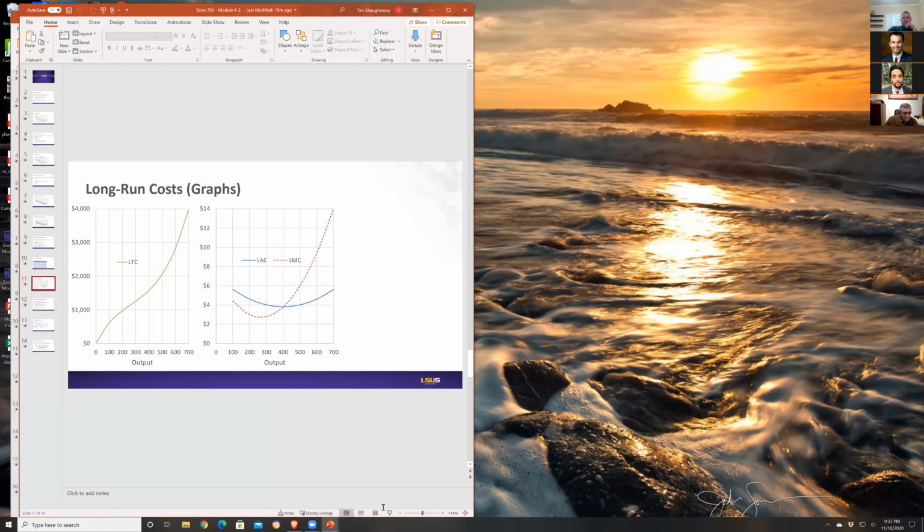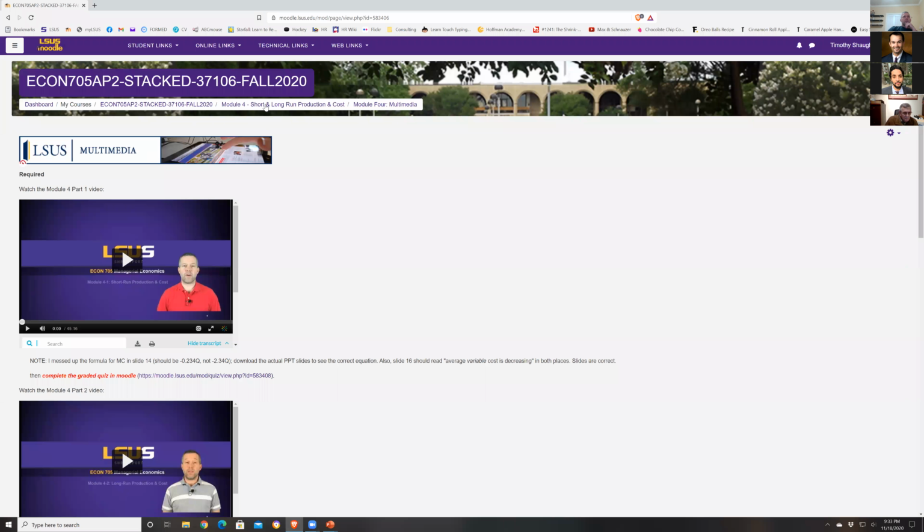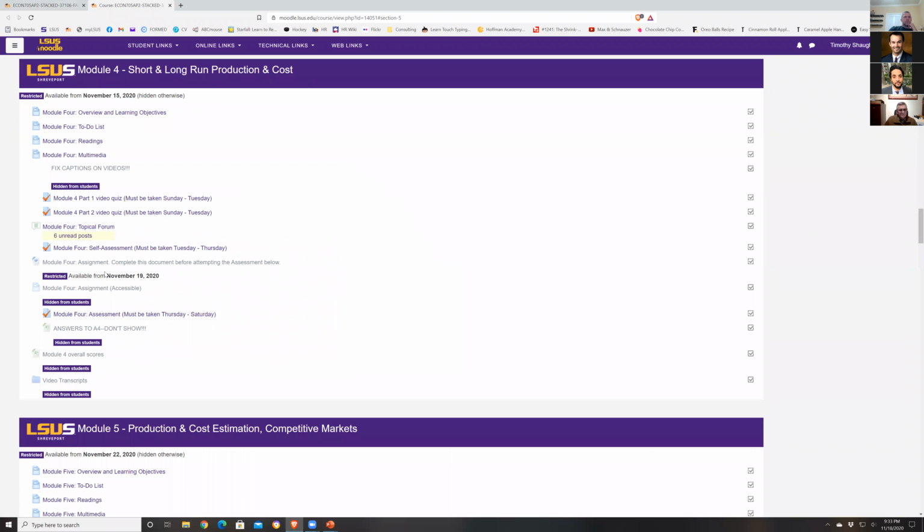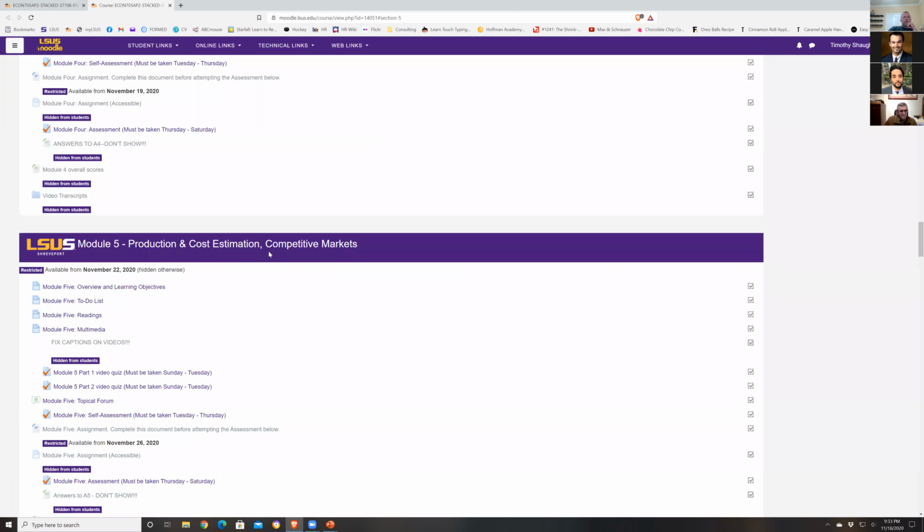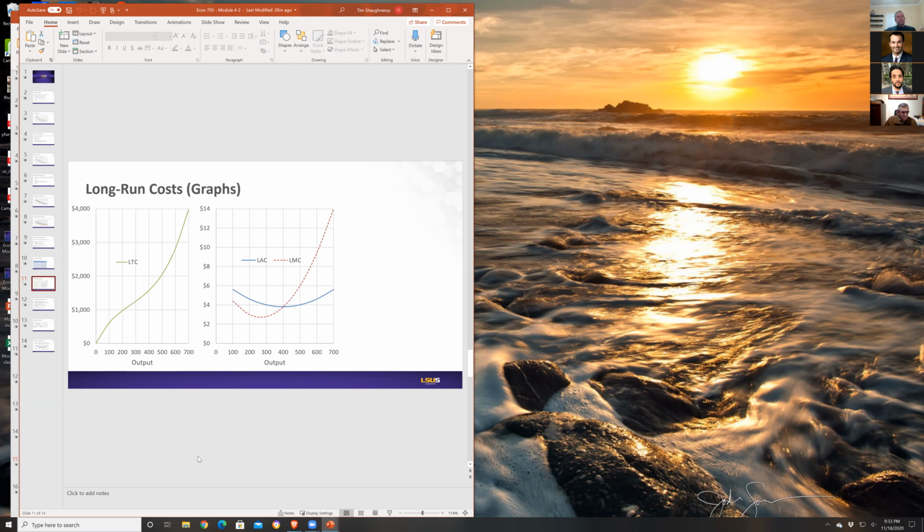Essentially the idea, and it might make a little more sense next week. Let me see. Okay, yeah, the second half of next week, when we get into competitive markets, we're going to talk about these businesses trying to maximize their profit, making these profit maximizing output decisions, and they will look at their marginal costs.